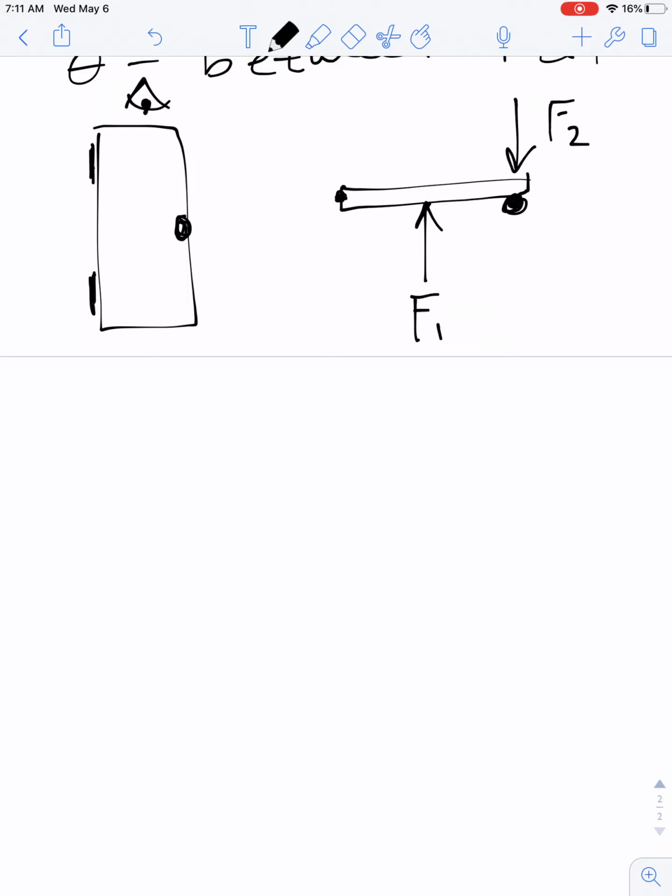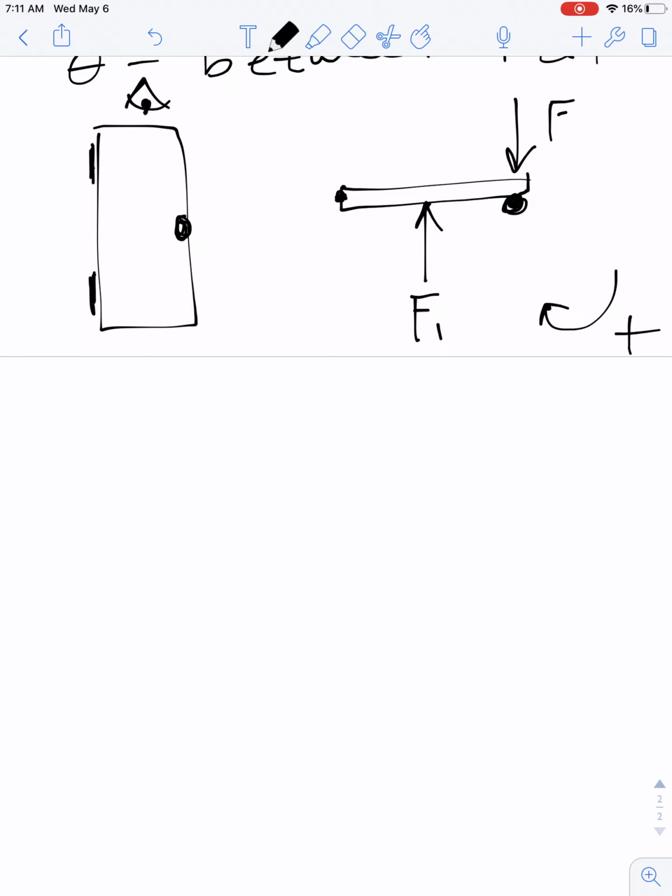So let's say F1 is trying to cause the door to rotate counterclockwise. And then the other force F2 is trying to cause a clockwise rotation, right? So, generally, we choose counterclockwise to be positive, just so you know. It's just a convention, but it doesn't really have to be.